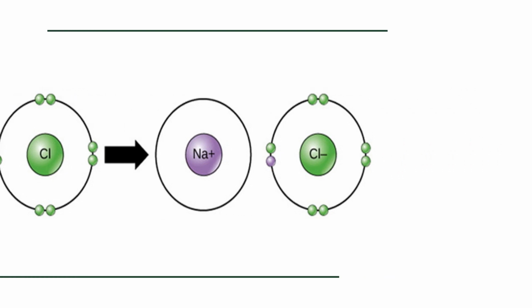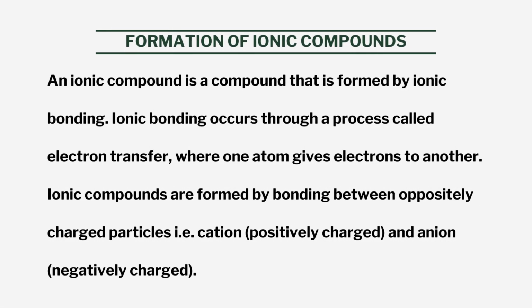So how do ionic compounds form? An ionic compound is a compound that is formed by ionic bonding. Ionic bonding occurs through a process called electron transfer, where one atom gives electrons to another. Ionic compounds are formed by bonding between oppositely charged particles, which are the cation and the anion.